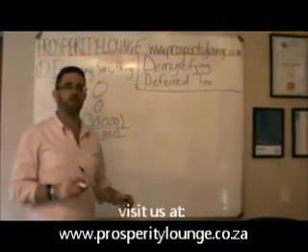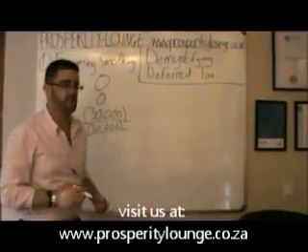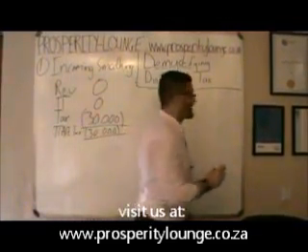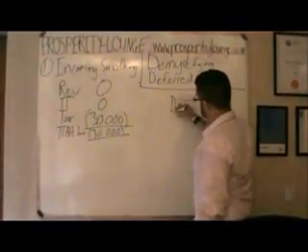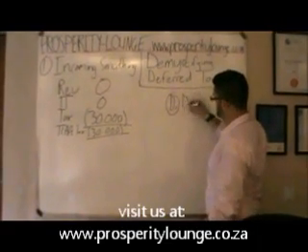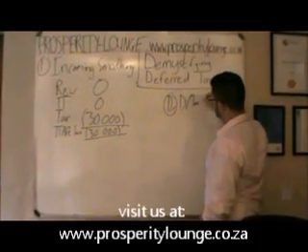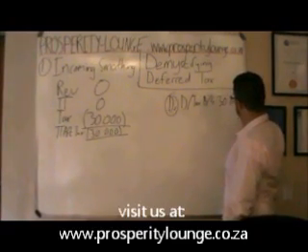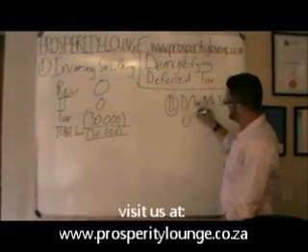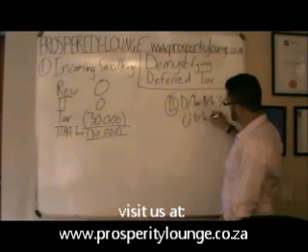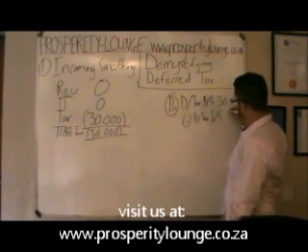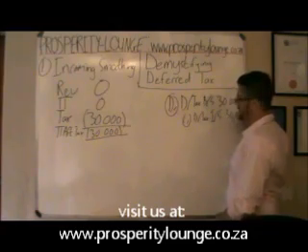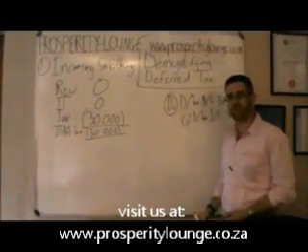So we recognize what we call a deferred tax asset. So we would pass a journal that looks something like this. Debit deferred tax balance sheet, 30,000 Rand, and credit deferred tax income statement, 30,000 Rand.